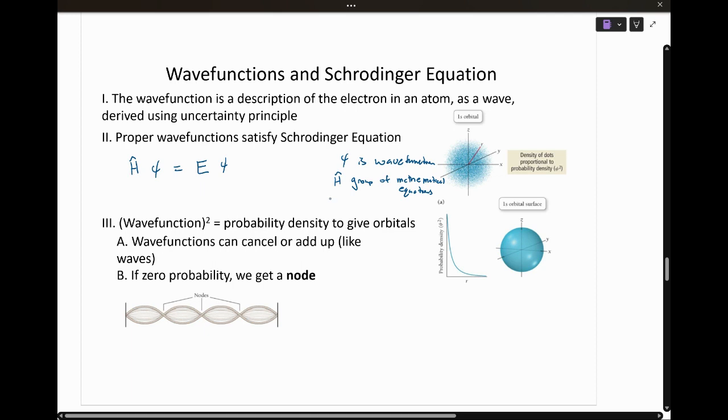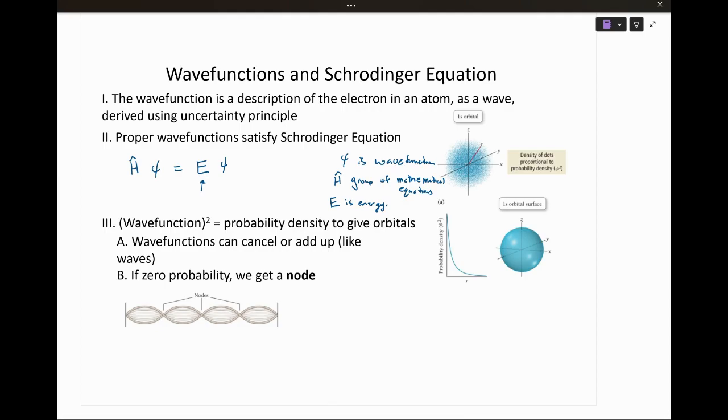So E is energy. And so when we use this wave function, treating the electron like a wave, and we do some math on it, we can find out what is the energy of that electron. And these are things that we're looking at with the Bohr model. We were asking, what is the energy of an electron? And there's a lot of different wave functions that can describe all the different energy levels of our electron.